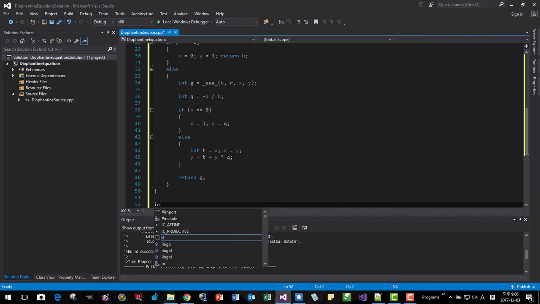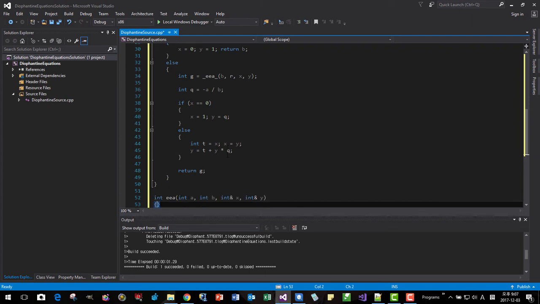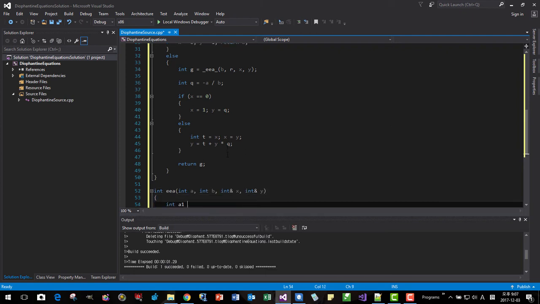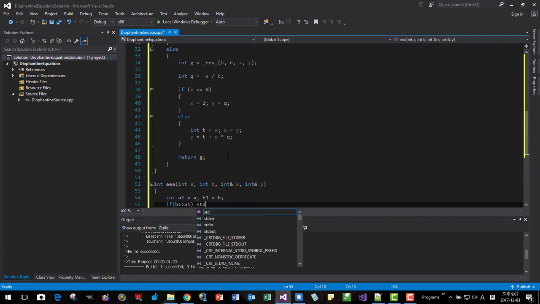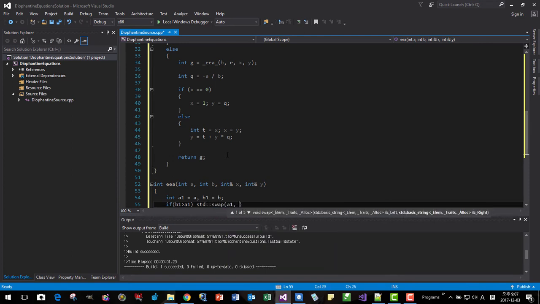Here now we are calling int EEA, Euclidean algorithm, int a, int b, int reference x, int reference y. int a1 equals a, b1 equals b. If b1 is greater than a1, then we have to swap, std::swap a1, b1.